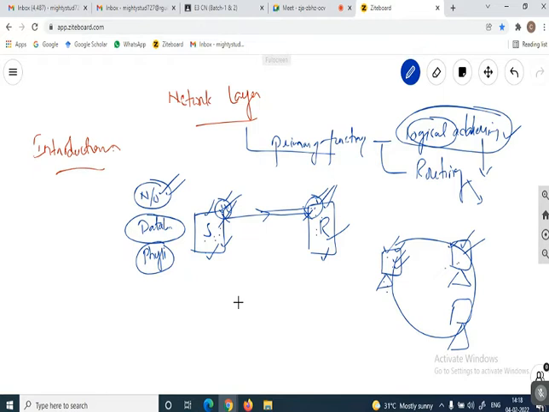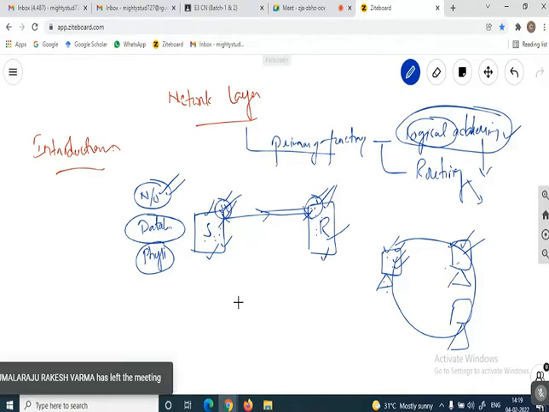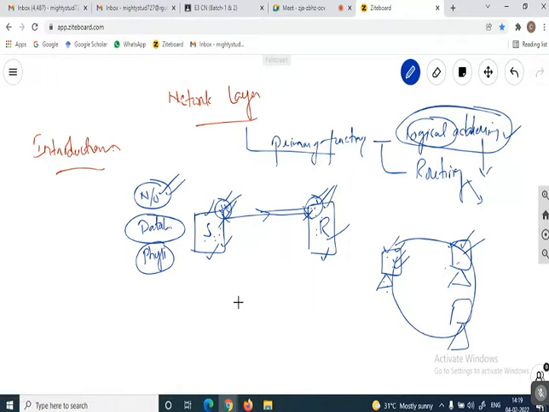Suppose they are in communicating mode, then for which devices do we have to implement the communication? At the same time we are not going to deliver the data. If you have a number of devices, for all those devices, how are we going to communicate the data? We are going to create a network path from one specified device to another specified device. That is called the routing mechanism.